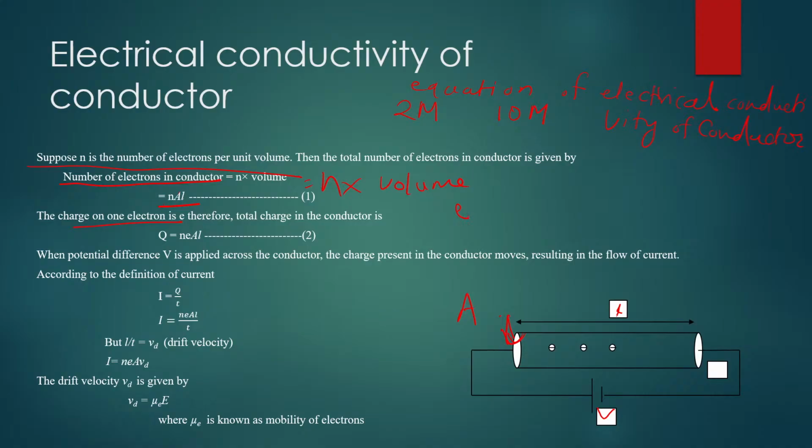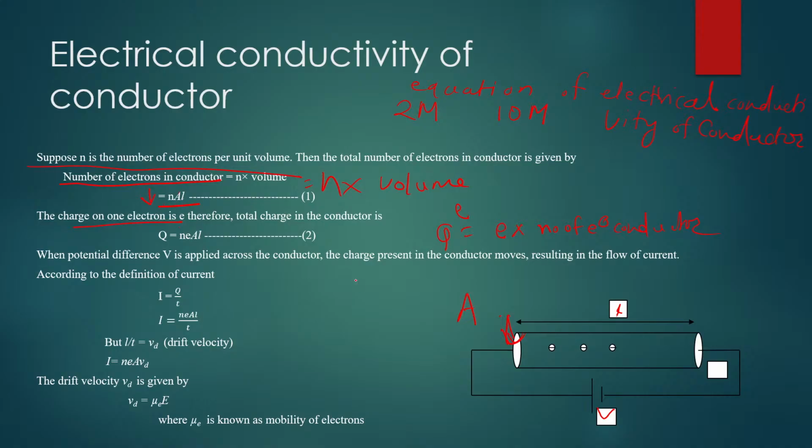Now the total charge on the conductor: total Q is the charge on one electron multiplied by the number of electrons in the conductor. Simple, so Q is whatever you found first, put with the e value.